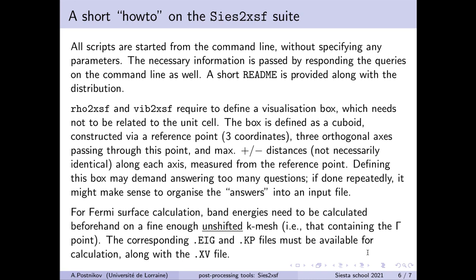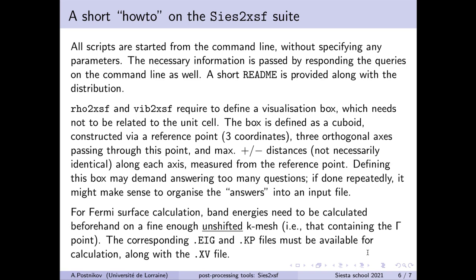This is done by the reference point and giving the 3 axes which pass through this reference point, and specifying further on the distances along this axis to the positive direction, to the negative direction. We just cut the size of the cuboid which will serve the role of our visualization box. We will see further on in the examples how this works.